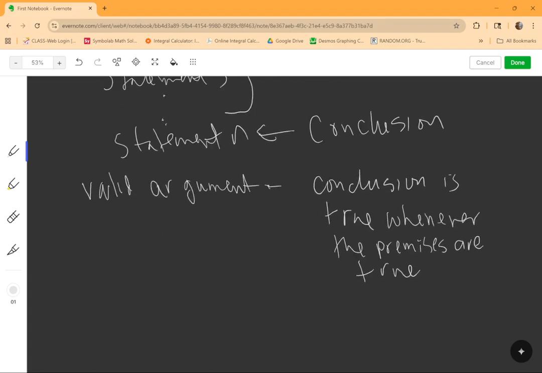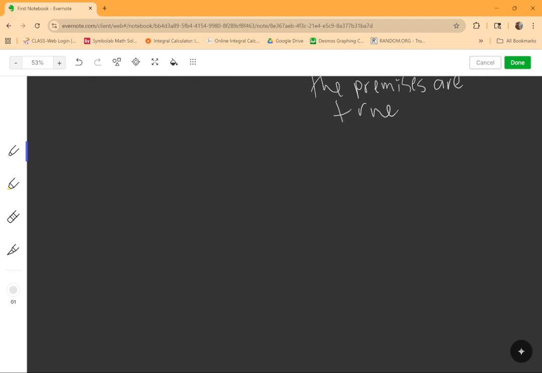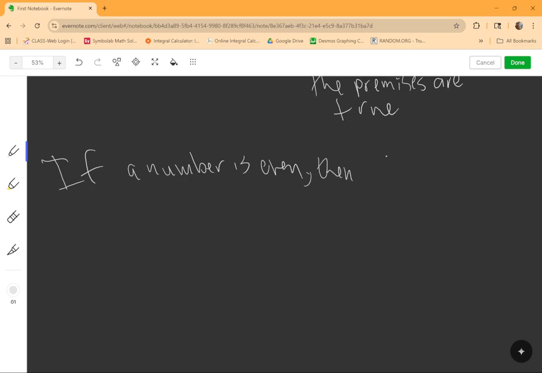So let's look at an example. If a number is even, then its square is even. That's our first statement, which is true, stated without proof.